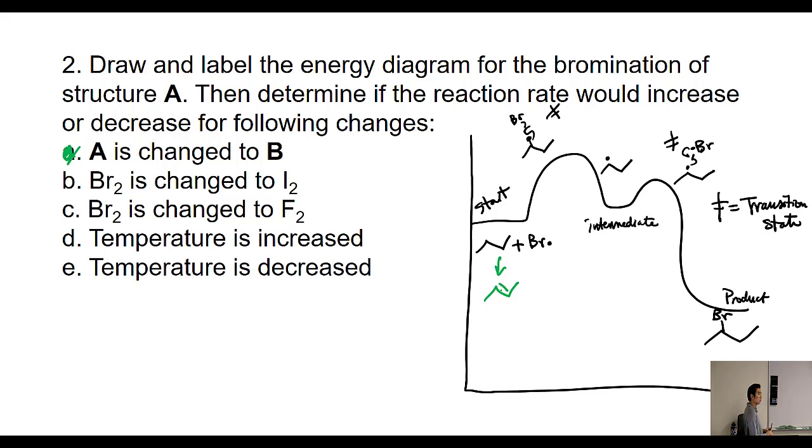It would make it slower because B is making a primary and the first one is making a secondary.